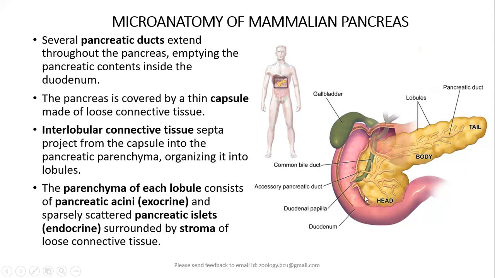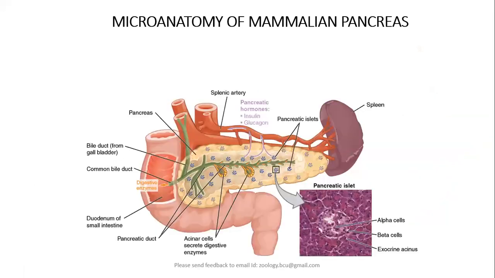So these pancreatic acini form the exocrine part of the pancreas, and in between this exocrine parenchyma, we also see a few scattered endocrine areas of the pancreas called islets of Langerhans. These islets of Langerhans are also covered by a loose, very thin layer of connective tissue or reticular fiber.